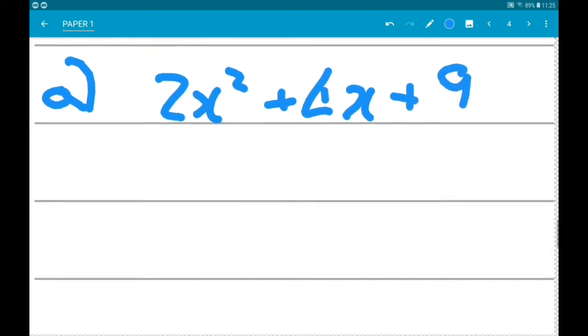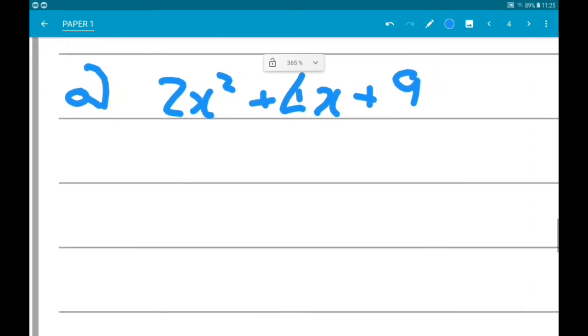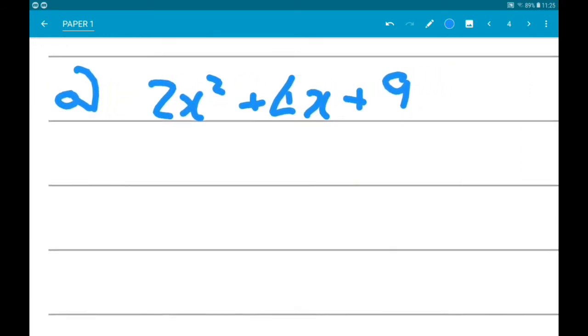Now, to be able to complete the square, we must have a single x squared term. So we're going to factor out a 2 throughout the whole thing.